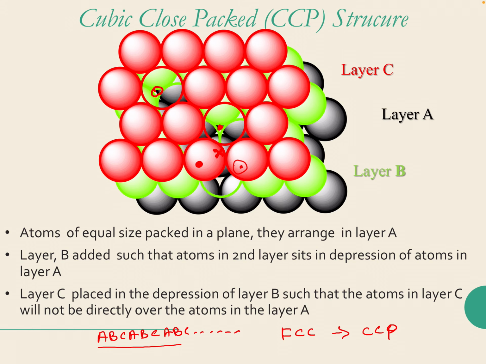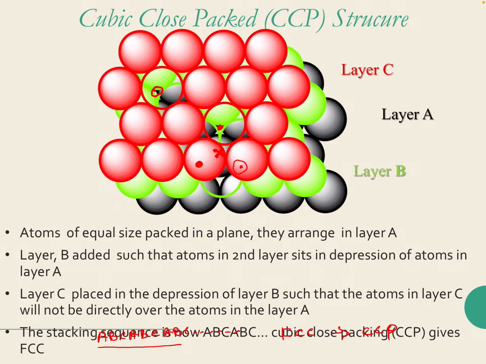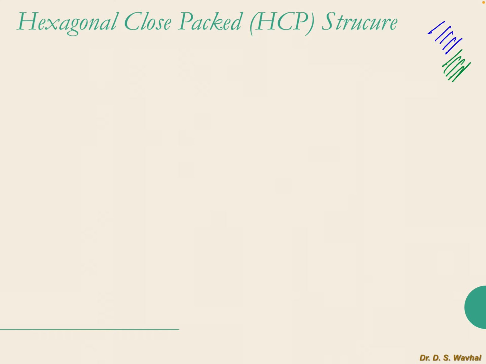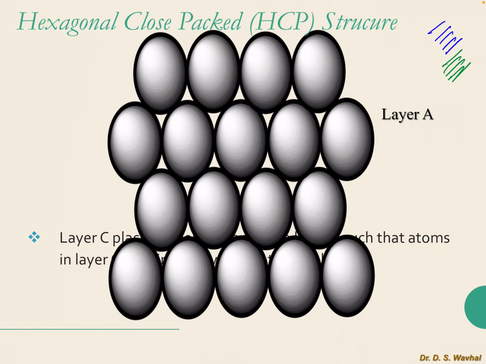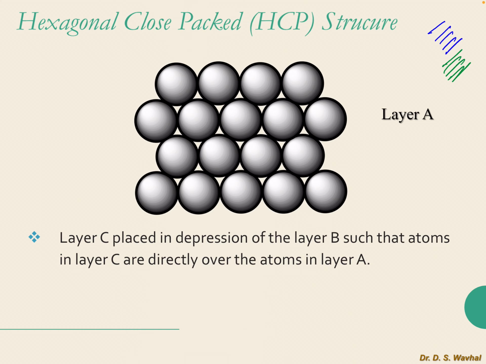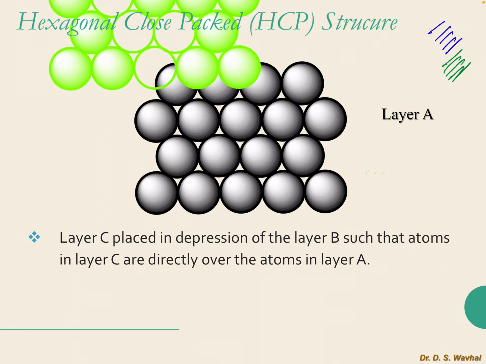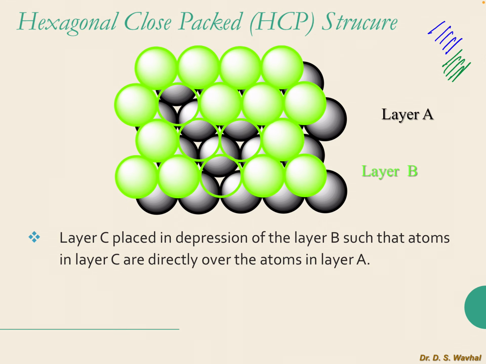Then let's see how HCP is formed. Next one is hexagonal closed pack structure. In hexagonal closed pack structure, layer A is as it is. Then layer B atoms sit in the depression formed by layer A, same.